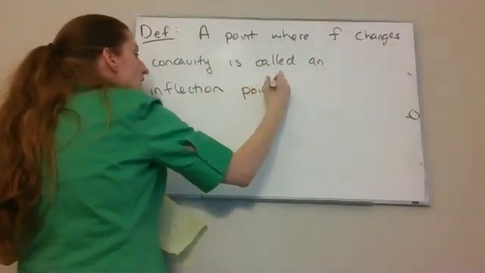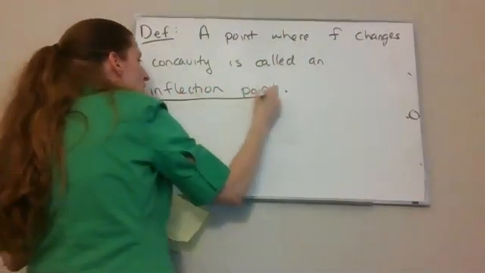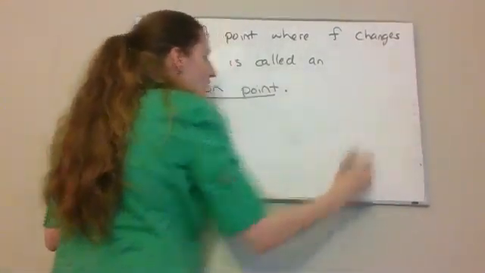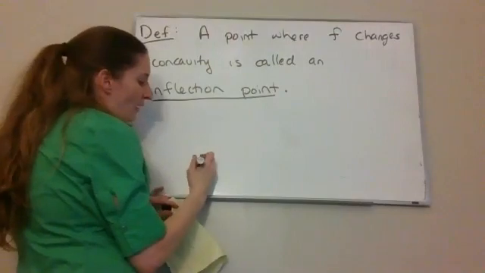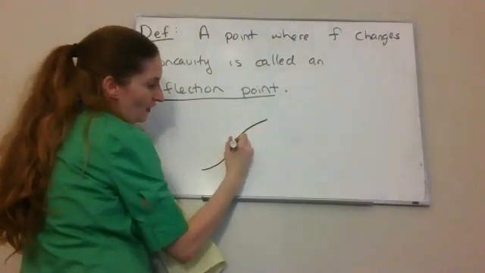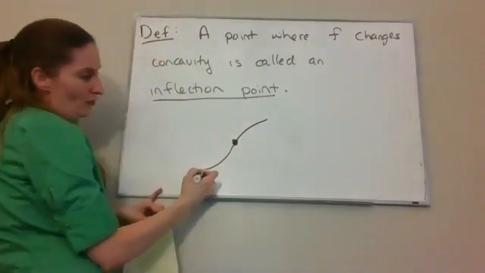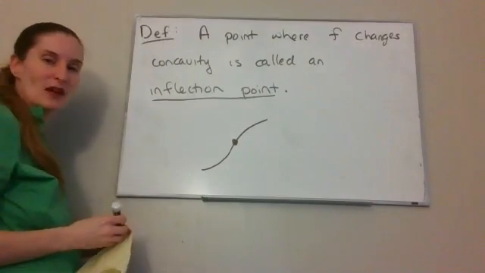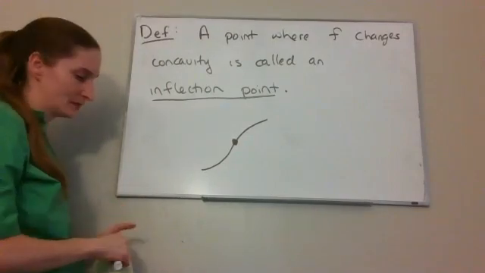So that means that the function is going to change from concave up to concave down, or from concave down to concave up. And the way an inflection point often looks is something like this point right here. I switched from being concave up to concave down at that point. So it's where it changes the way it's curving.